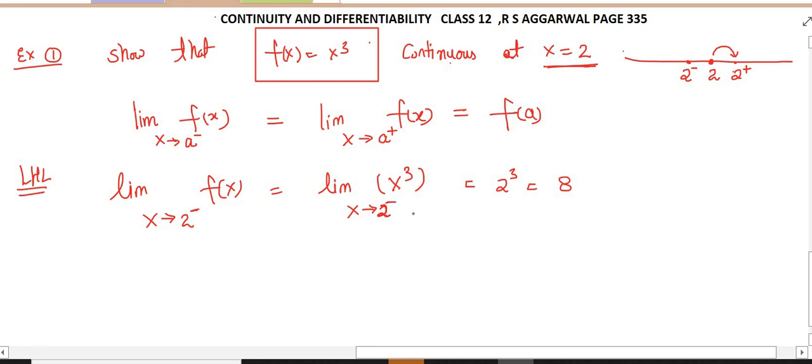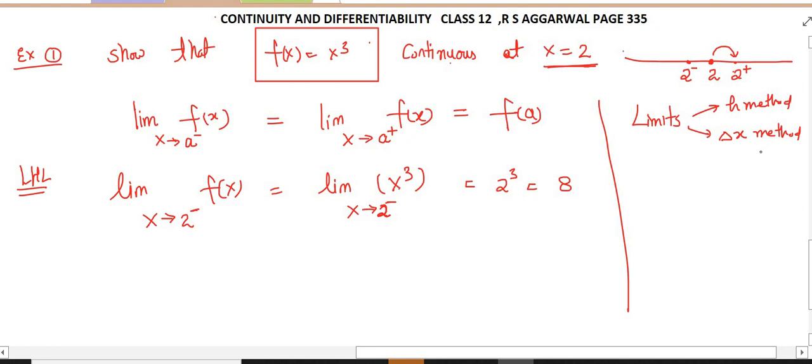Sometimes, you would have observed, for limits we use two methods. One method is called h method, and sometimes we use delta x method. These methods are used only when we have some fractional questions, or where we have 0 by 0 problem, or infinity by infinity problems.